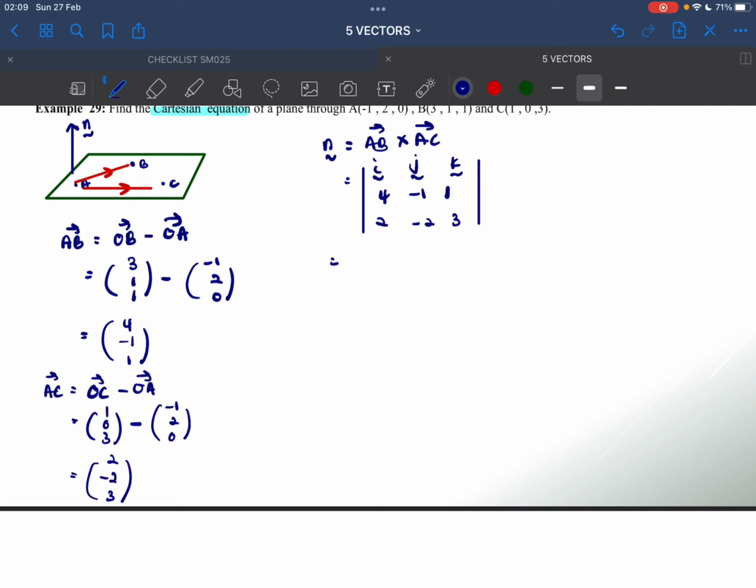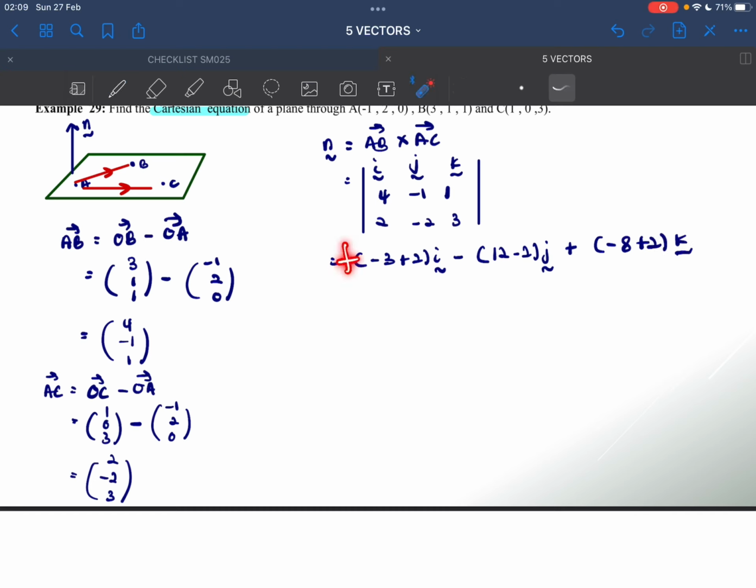Here we have negative 3 plus 2 i. Remember, plus minus plus. So here is minus, cover this one, we have 12 minus 2 j. And the last one is negative 8 minus minus 2, so we have negative 8 plus 2 k.